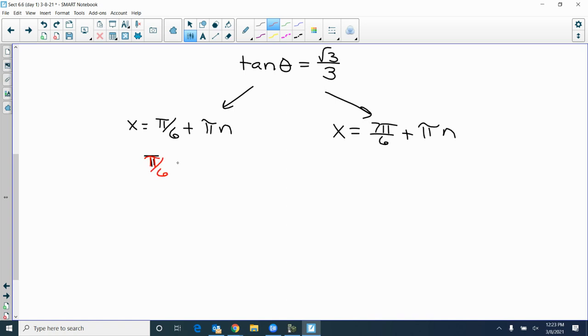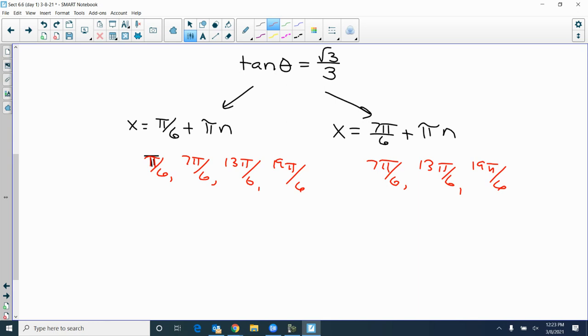And then when you add pi, you get the next answer, 7 pi over 6. And when I add pi, I get 13 pi over 6, and then 19 pi over 6. And if I start at 7 pi over 6 and add pi, I get 13 pi over 6, and then 19 pi over 6.